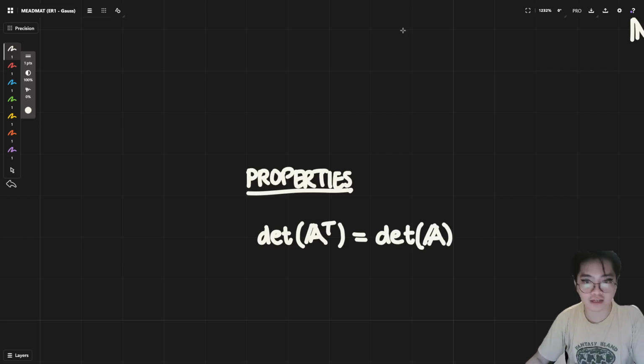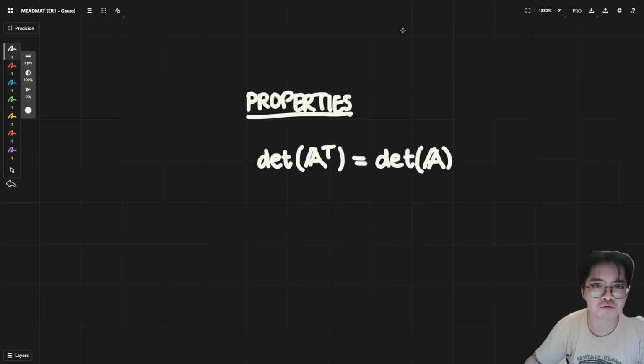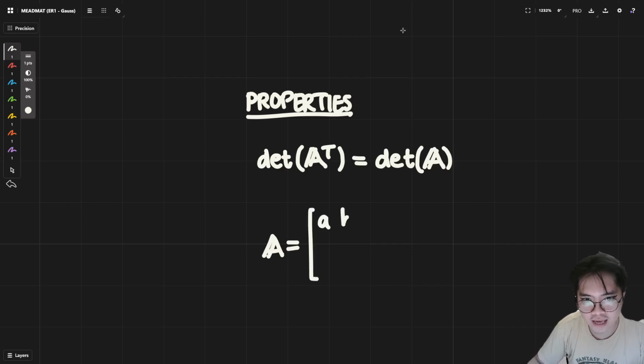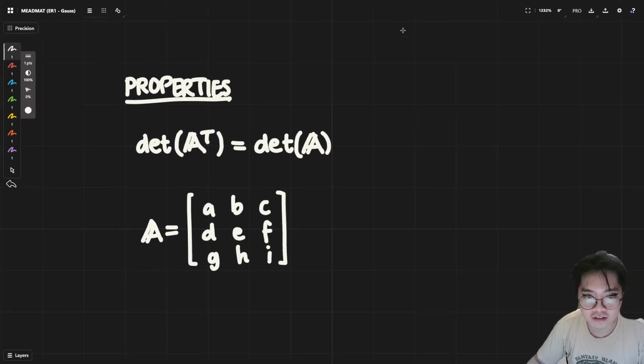So let's just try this out, see if it works, right? Of course, this is not proving, but let's try and prove it for a 3x3 case, okay? Let's try it with letter A, with entries A, B, C, and hopefully at this point, you guys have acclimatized a little bit to getting the determinants of things.